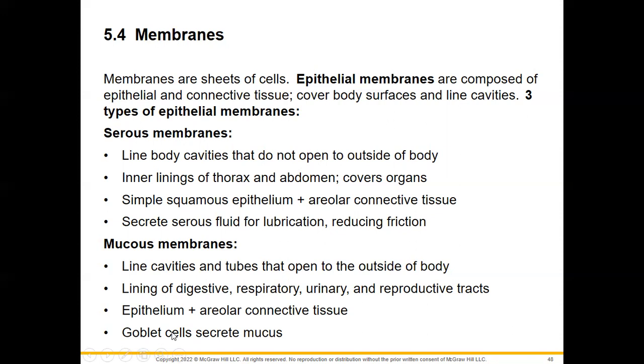Goblet cells, remember, are going to be your unicellular glandular cells associated with your columnar epithelium. And these cells are going to produce and secrete mucus directly onto body surfaces, which is how mucous membranes end up having mucus that is there to protect that cell in those tissues.